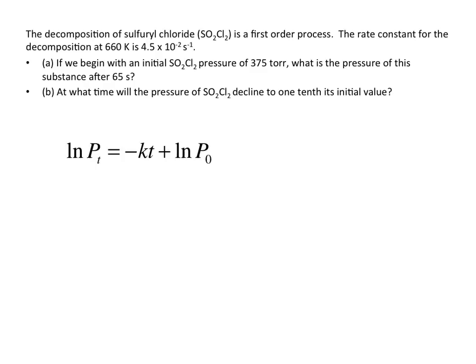In the case of gases, we can use pressure in place of concentration. So since this is a first-order process, we'll use the integrated rate law for a first order. In this case, the natural log of the pressure at time t is going to equal negative the rate constant times t plus the natural log of the initial pressure of our gas.